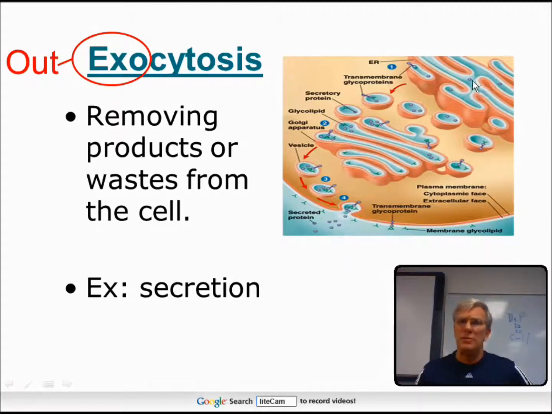The endoplasmic reticulum will then form little vesicles that will float to the Golgi apparatus, where the proteins are modified and packaged up for transport either within or outside of the cell. If these proteins are being exported outside the cell, this is referred to as secretion, and these vesicles will attach to the cell membrane and be dumped into the extracellular fluid. And that is referred to as exocytosis.